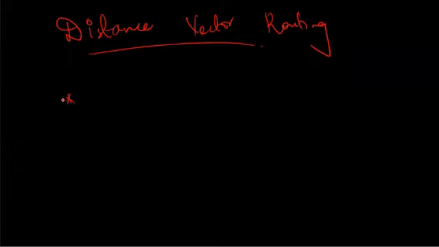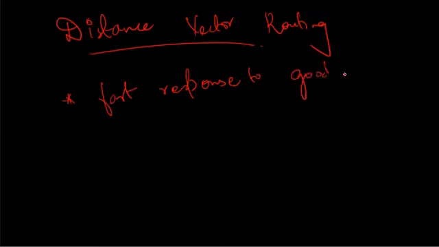So fast response to good news, and slow response to bad news. This is one major problem in distance vector routing, and also there are too many messages to update.